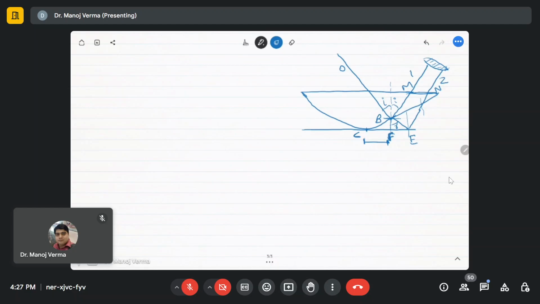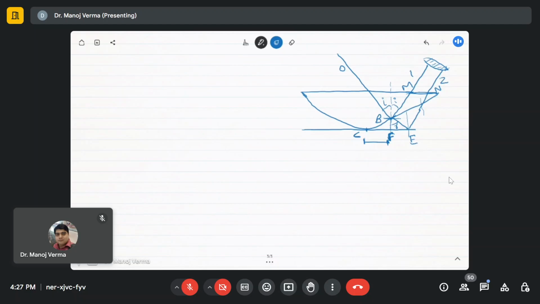So the thickness of the air column just below the point B will give you whether it will be a constructive interference or a destructive interference. Right.